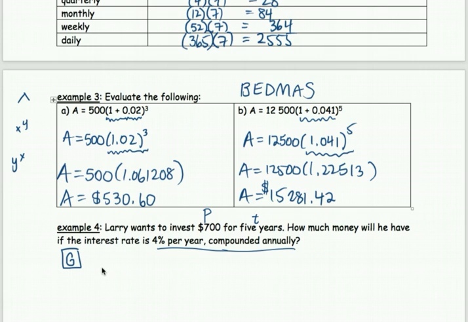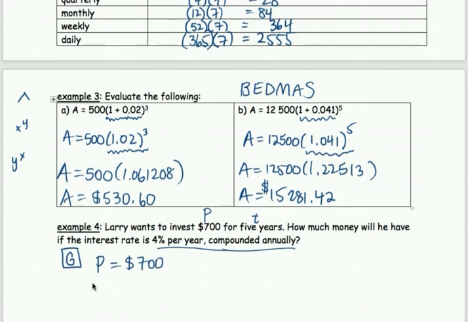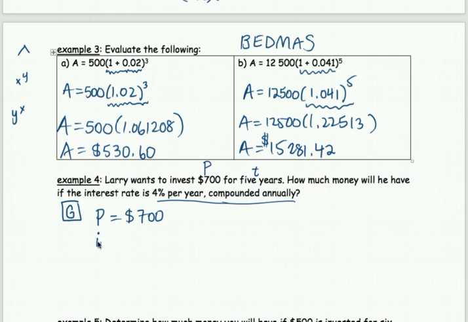We know P is 700, and the other letters are I and N that we have to figure out. Remember, I is the interest rate as a decimal divided by the number of compounding periods. I'll call it CP, compounding periods.